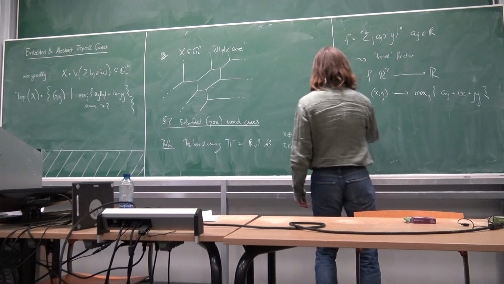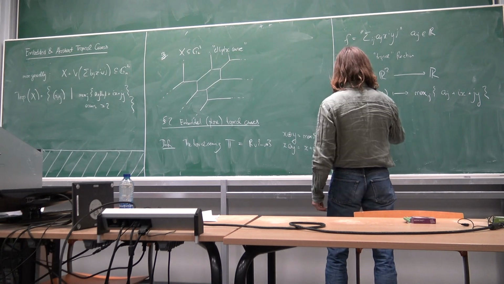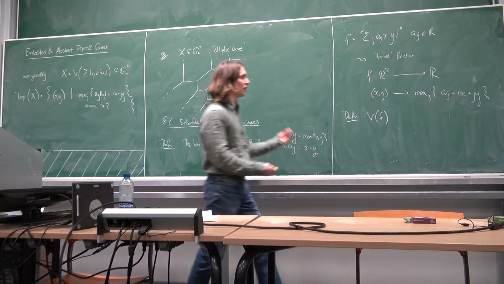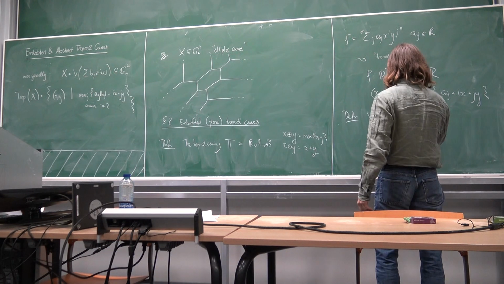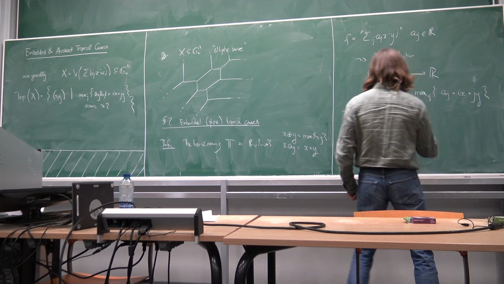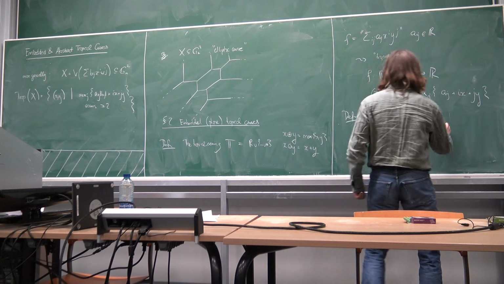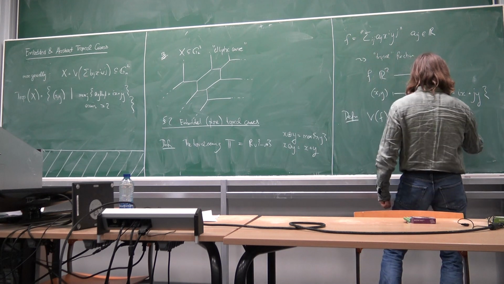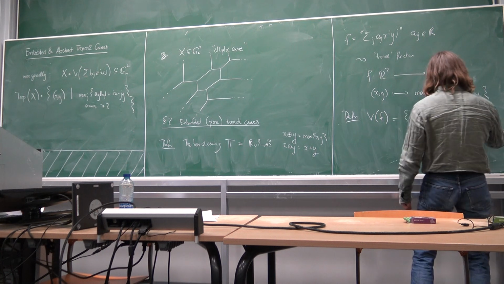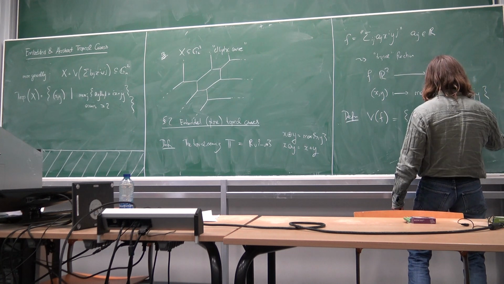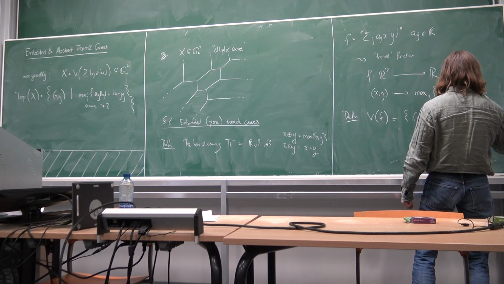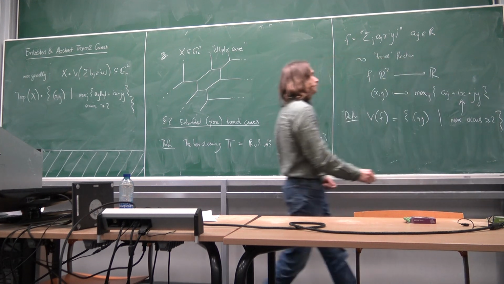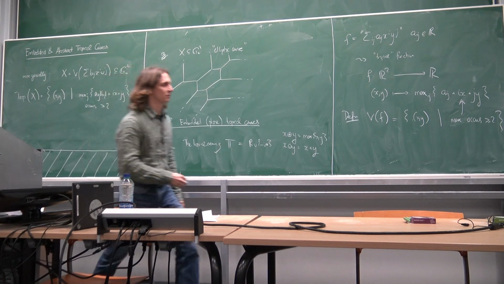In general we define the tropical curve associated to this tropical polynomial to be the set of points x, y such that this maximum occurs at least twice.